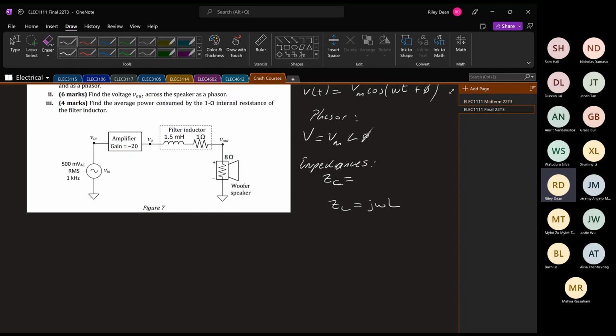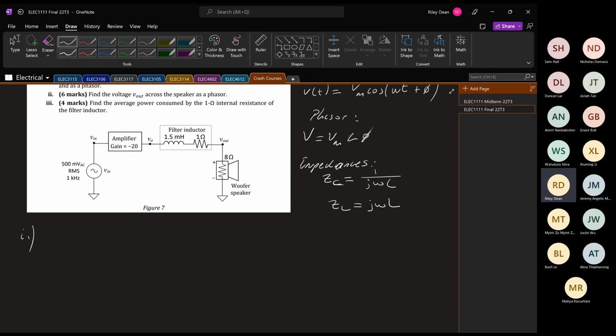Awesome. So first we have our inductor, which is J omega L, and our capacitor is the inverse, 1 on J omega C. And so we can use both of these equations to simplify our circuits and turn it into something in frequency domain, which allows us to use it with our phasor.